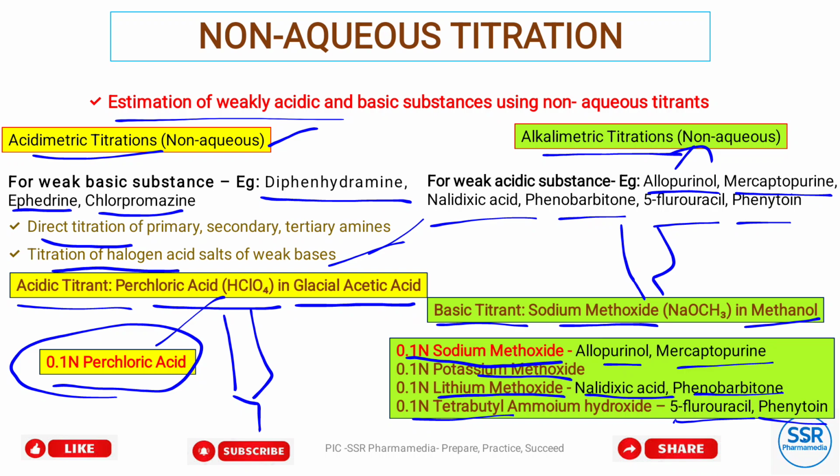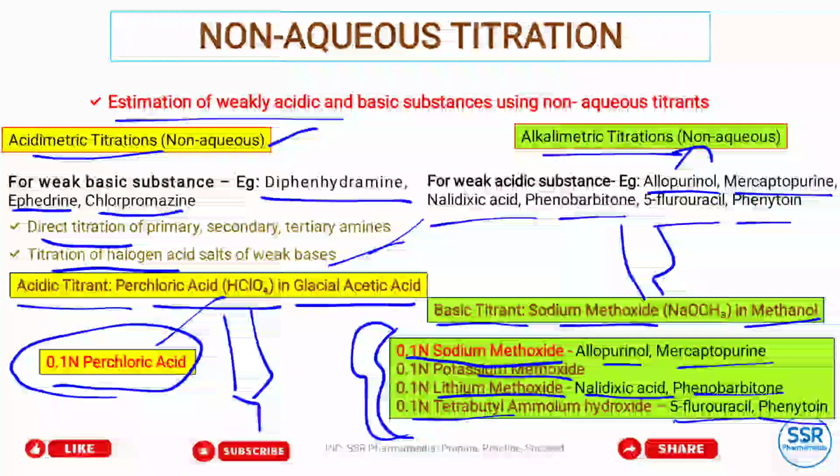Very important: there are four types of burette solutions used here, 0.1N sodium methoxide, potassium methoxide, lithium methoxide and tetrabutylammonium hydroxide. But in acidimetric titration, only 0.1N perchloric acid is used.